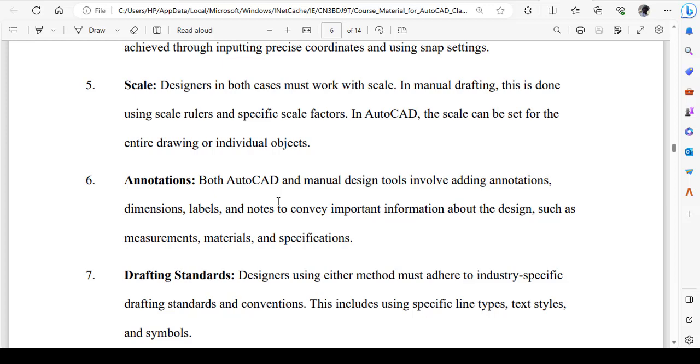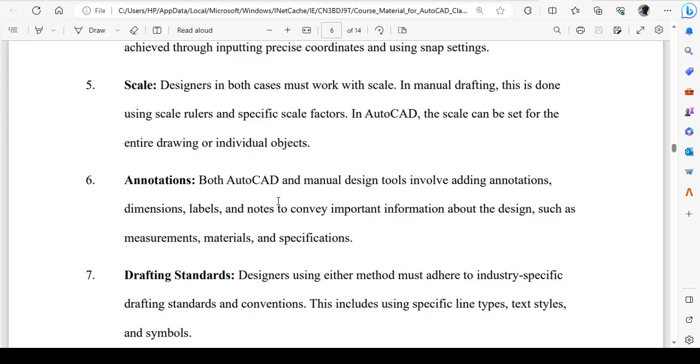You also have it for your manual designs and also for your AutoCAD designs. Then you're talking about your drafting standards. There must be a standard which you want to use. They're talking about your text style. Okay, maybe I want my text to be small, I want my text to be big, and stuff like that. You get the point. So all of this you put into play.